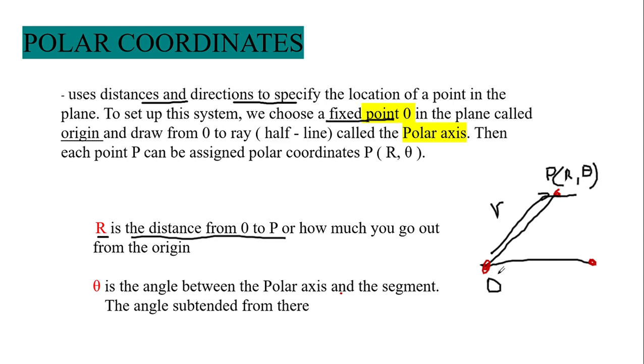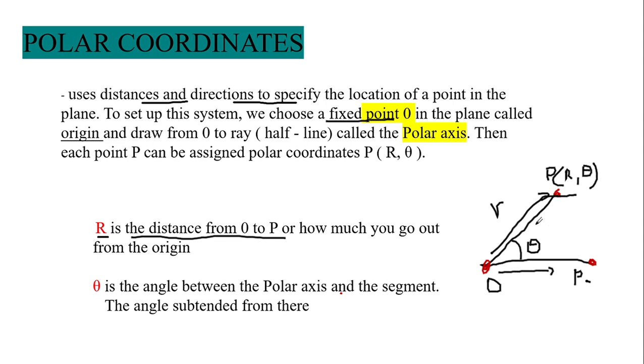When we extend a ray from the origin to the right side, this will be called the polar axis. So let's consider it as a polar axis. Then our theta will be here. And that's it. This is our theta.